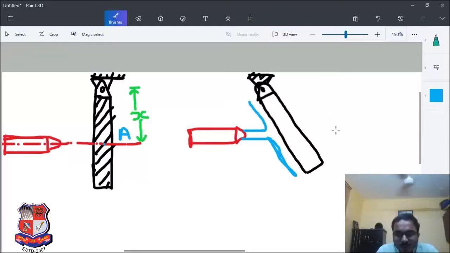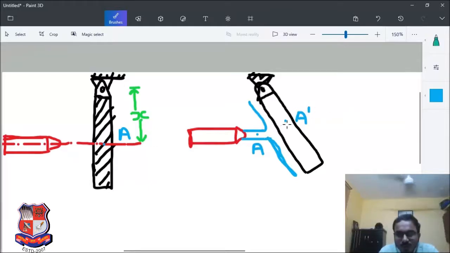If you remember, our previous point was A. Now the same point has been shifted to another location, which will be this, and we will call this A prime.